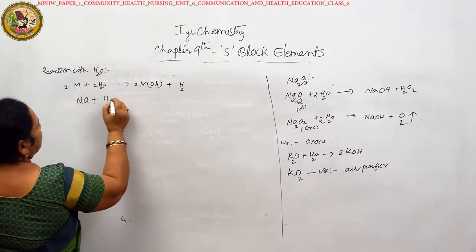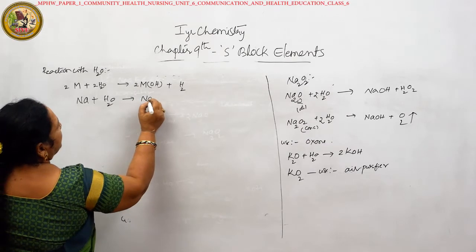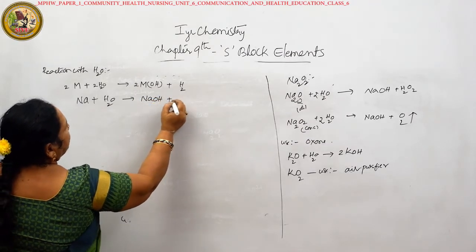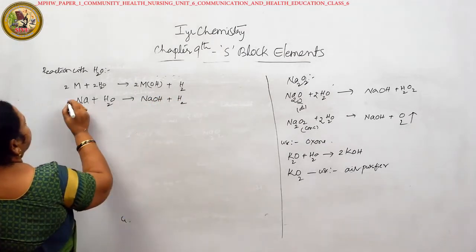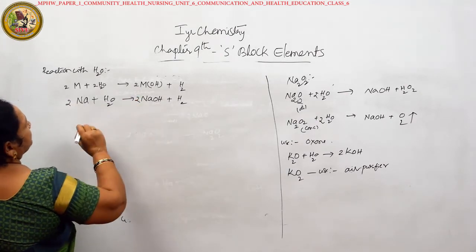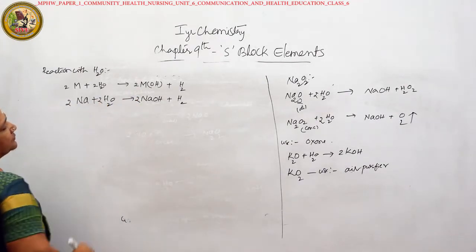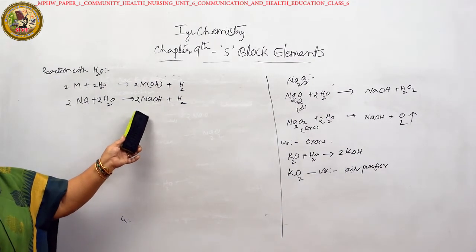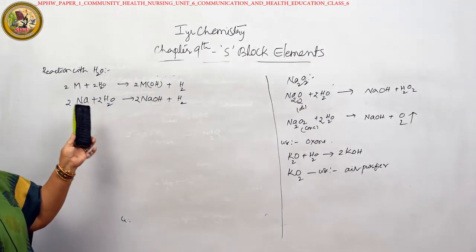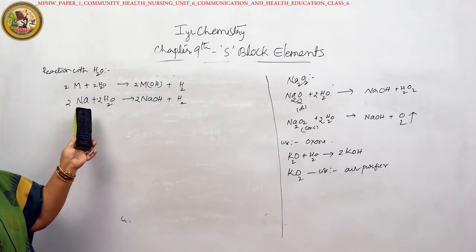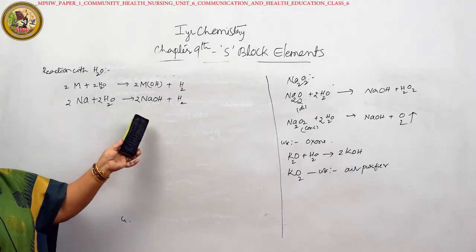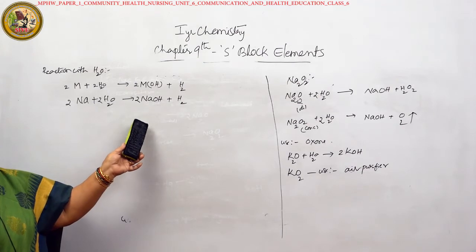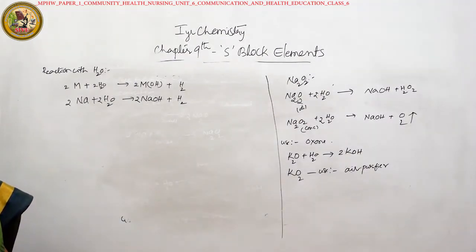Sodium with H2O forms sodium hydroxide and H2. That means these are all alkaline in nature. So when these metals react with water, all produce hydroxides, which means these solutions are alkaline in nature.